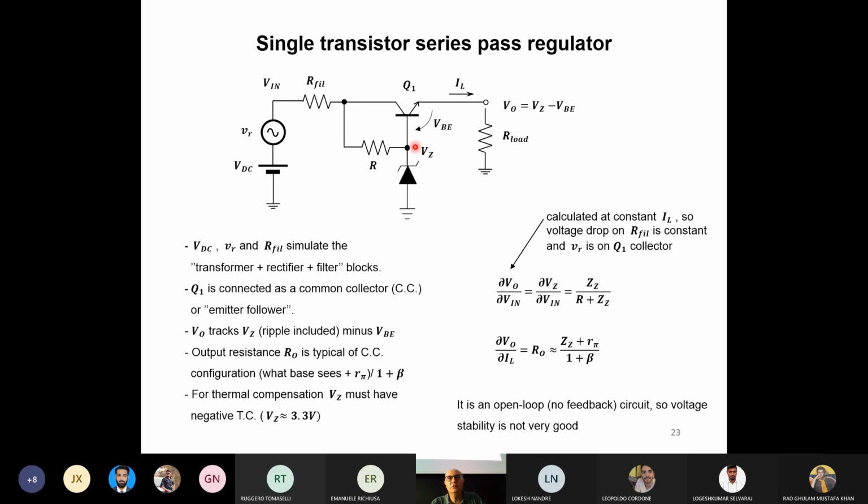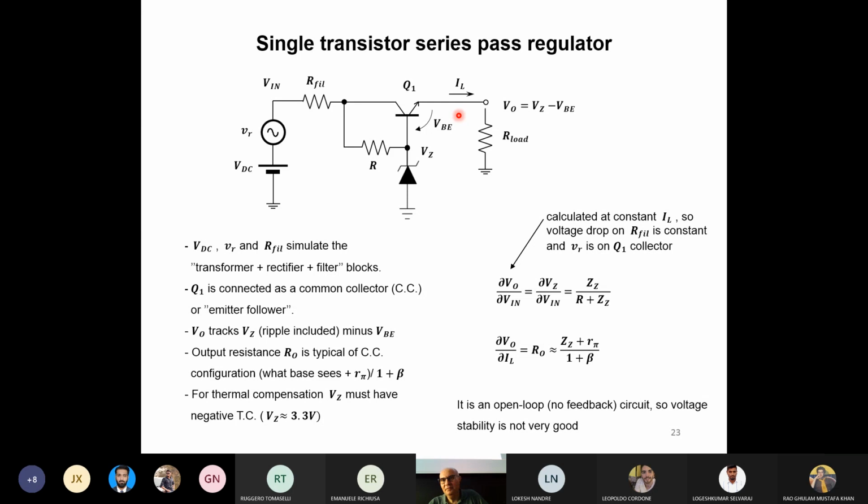On this node we see the dynamic resistance of the Zener diode, which is certainly much lower than R. So basically, between base and ground, we see the dynamic resistance of the Zener diode. We add R pi plus this dynamic resistance, and we divide everything by 1 plus beta. So if we have here hundreds of ohms and beta is 50 or something like that, we'll get an output resistance of the order of some ohms or even less.